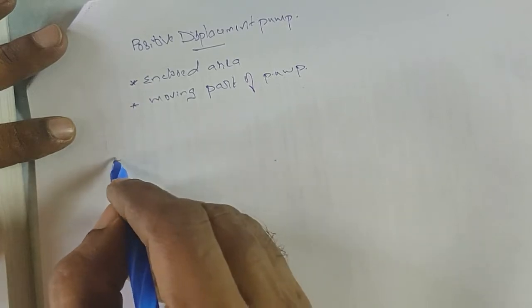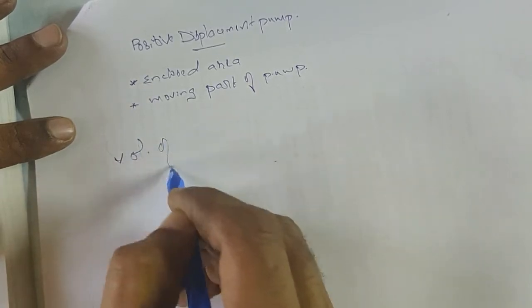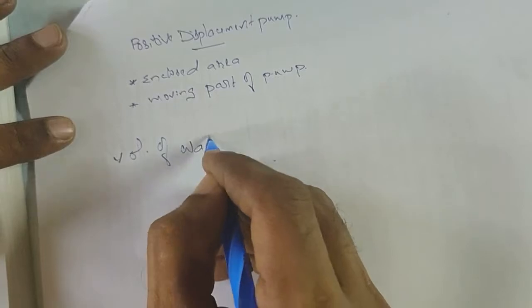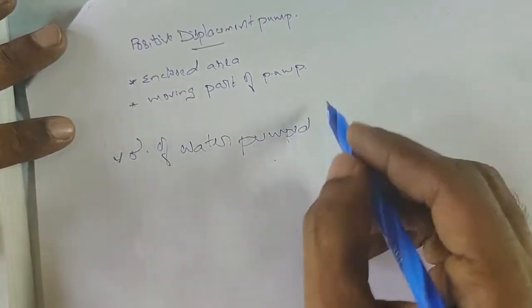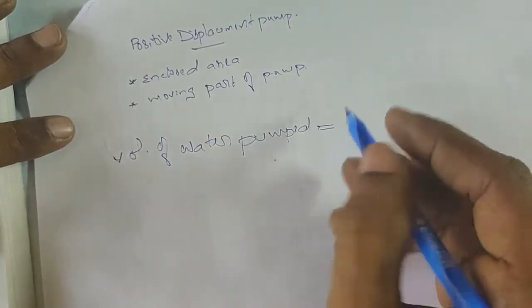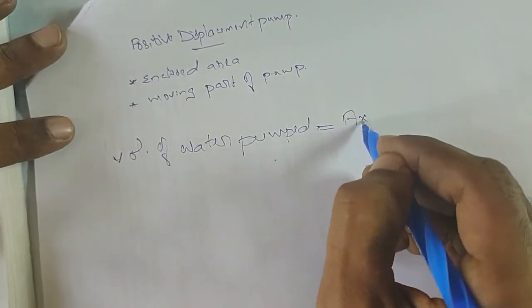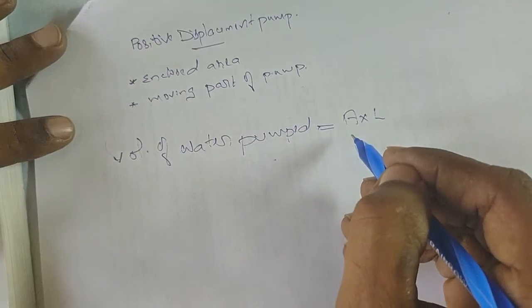So the volume of water pumped will be equal to the area of the cylinder into the length of the stroke.